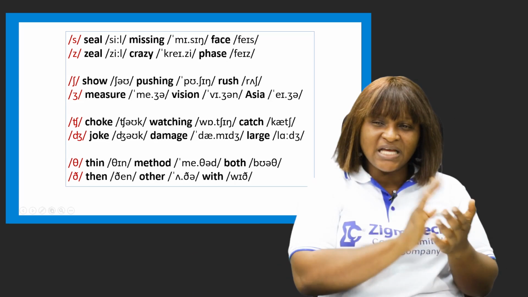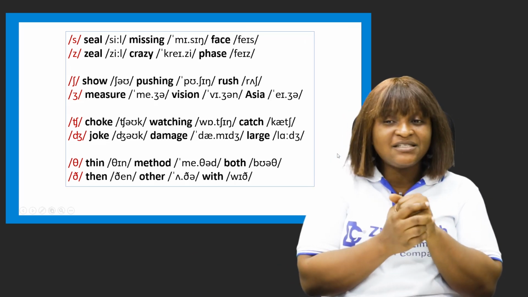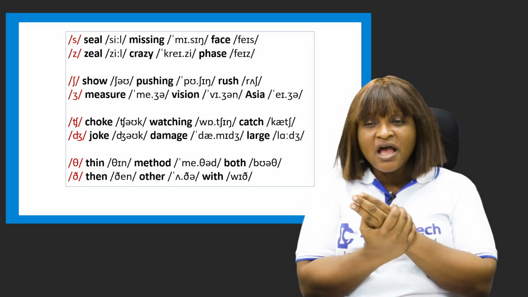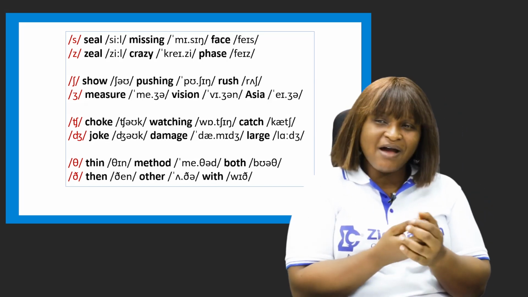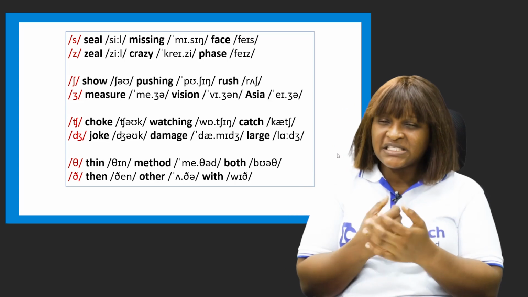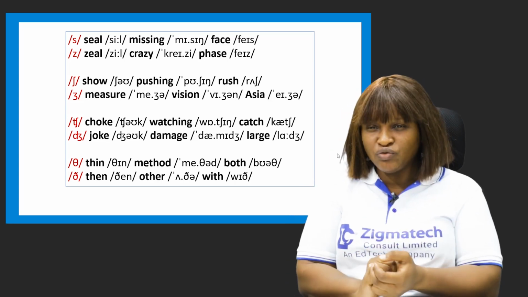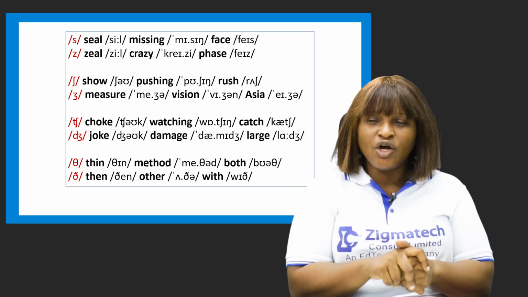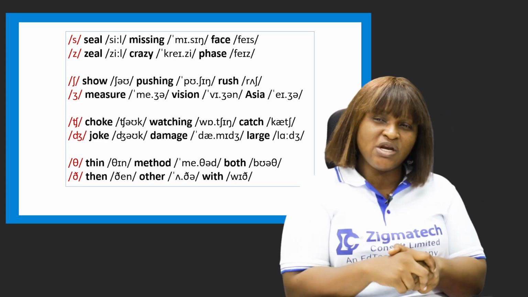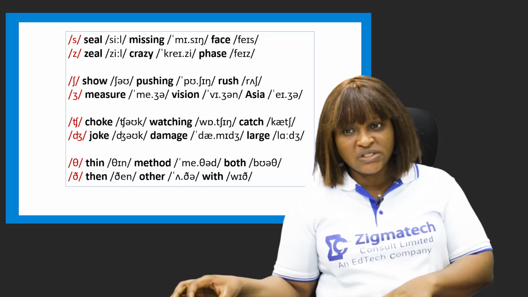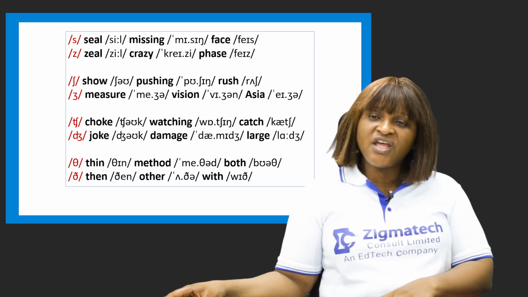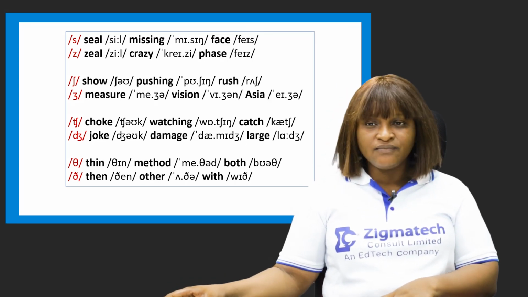Then we have what we call the TH sound. TH words have the one that is silent, and we have the one that is audible. So for the silent TH, your tongue comes out with your upper teeth holding onto it at the point of pronunciation. So we have the word thin, not tin.